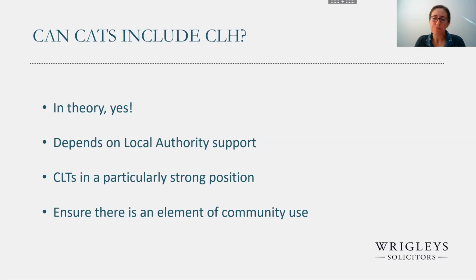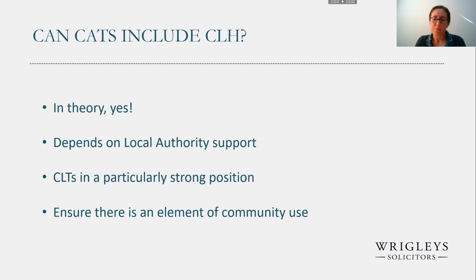So that fits very neatly within the terms of the general consent. So assuming there's general agreement about the asset to be transferred, in legal terms, to fit into the general consent, you're in a pretty strong starting point if you're a CLT.